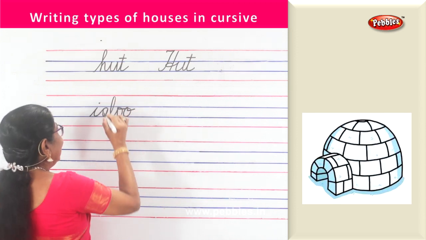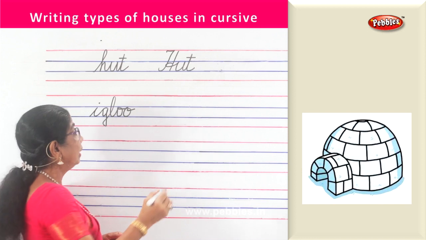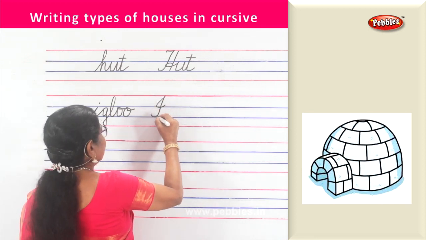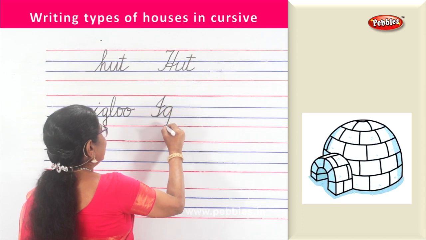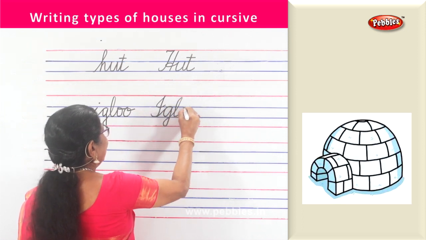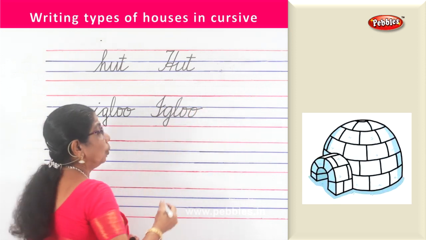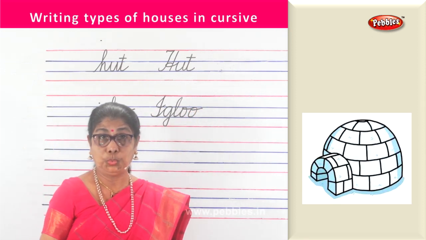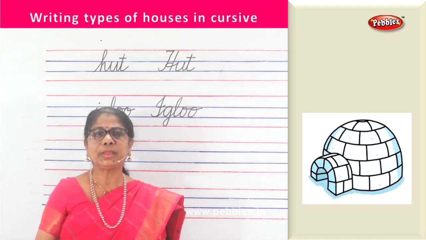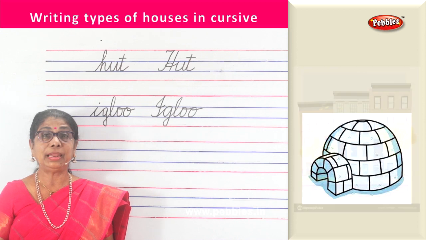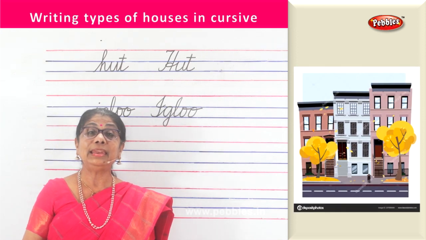Igloo. Let's write the I capital. I, G, L, O, O. Igloo.